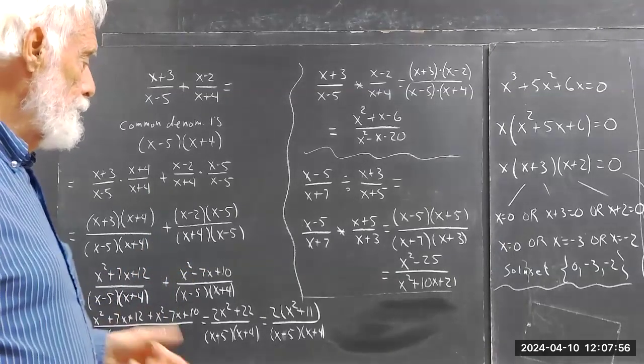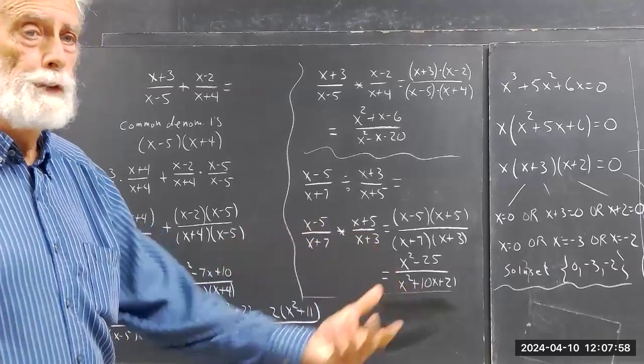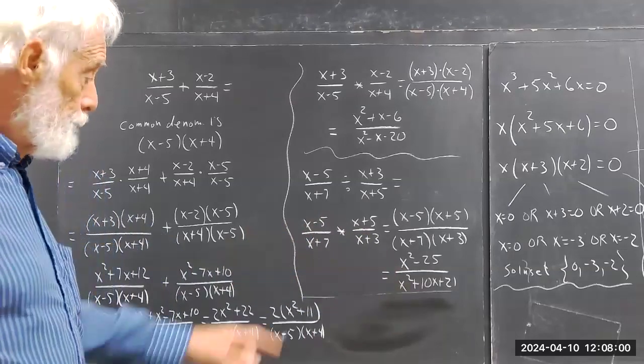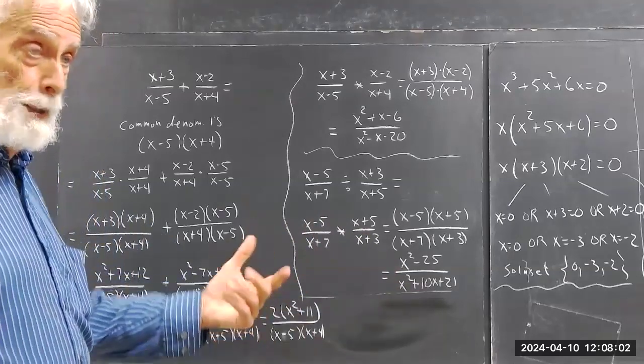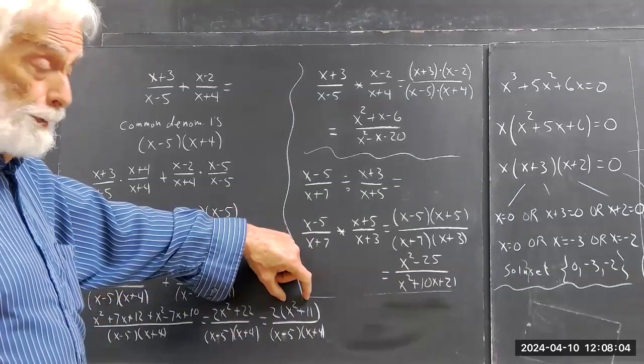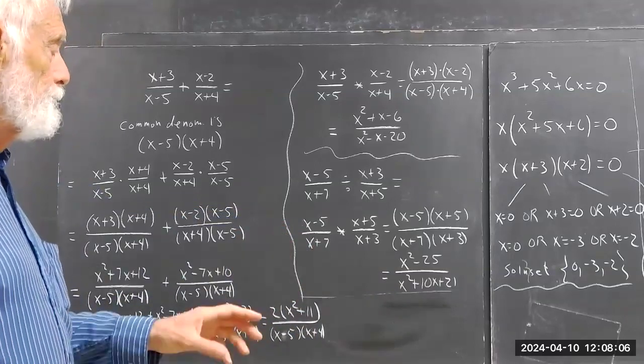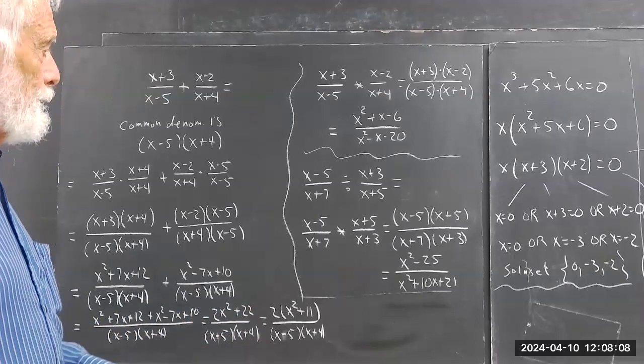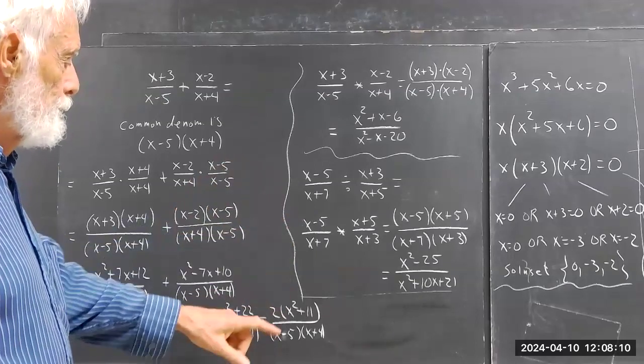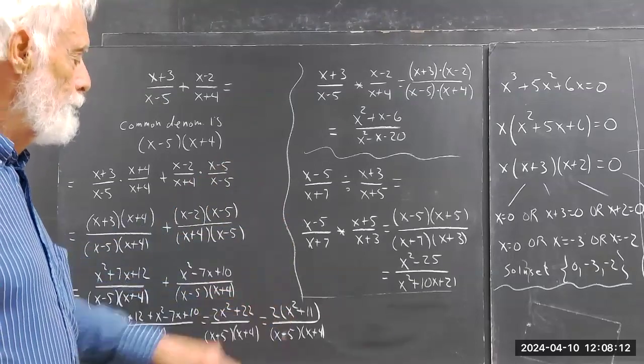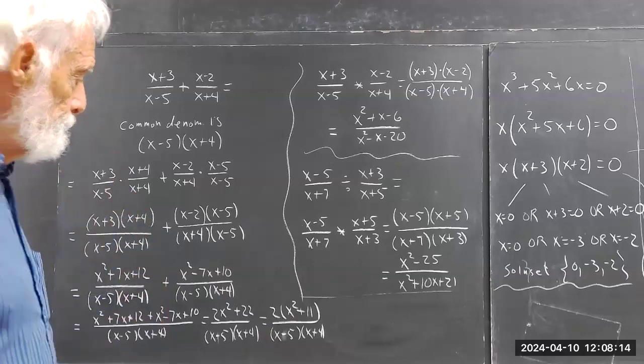And one way of seeing that is x squared plus 11 can't equal 0, because x squared is always positive and 11 is positive. You can't possibly get 0 out of this. Since you can't get 0, you can't write it as factors. I'm not going to go into the details right now, but there's good reason you can't factor this.